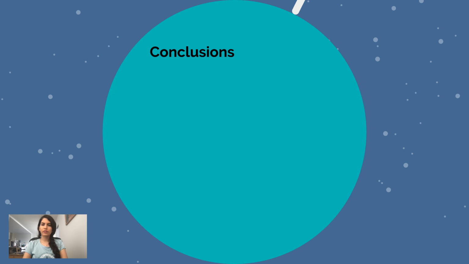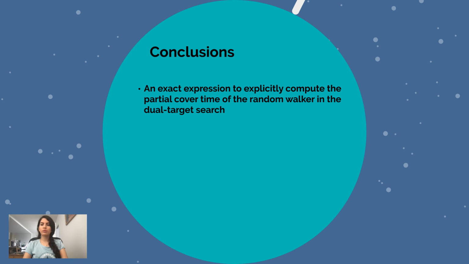Now, to conclude, we saw that in this work, for the first time, we can capture an expression to explicitly compute the partial cover time of the random walker until reaching both target nodes. This is in contrast to most previous efforts, which only focus on cover time calculation or more straightforward single target problems.